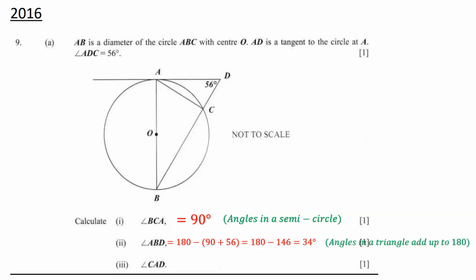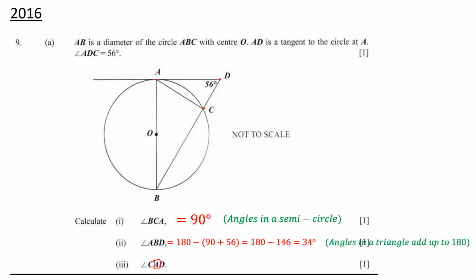It's angle CAD. So we have A in the middle. So it's angle CAD. Let's start off with A in the middle, and then we have D. Where's D? D is right there.